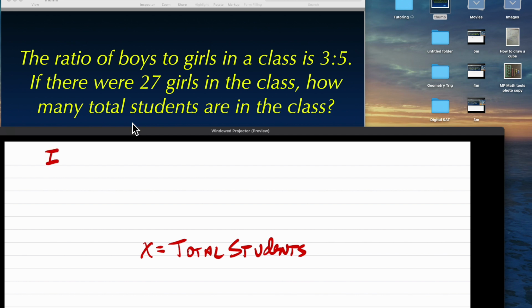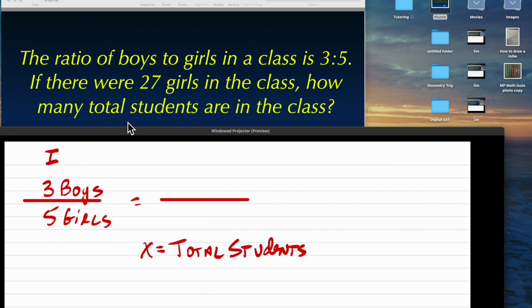Okay, in part 1, we're going to take what they gave us. They said the ratio of boys to girls is 3 to 5, which means there's 3 boys for every 5 girls. And we want to set up part 2, and part 2 is going to contain x total. Problem is, we don't have total in part 1.